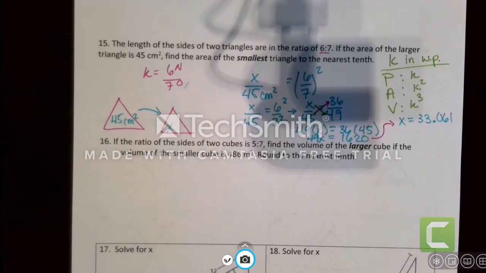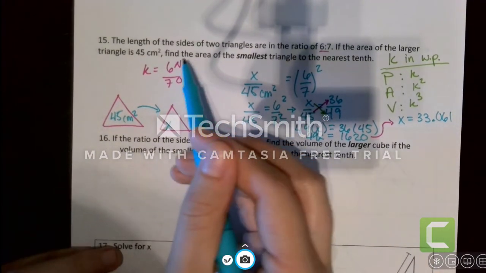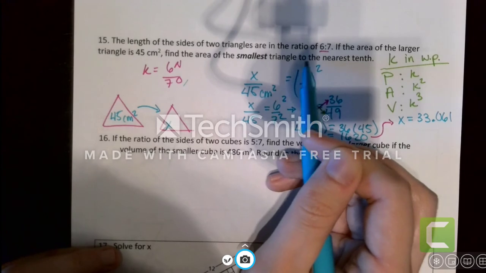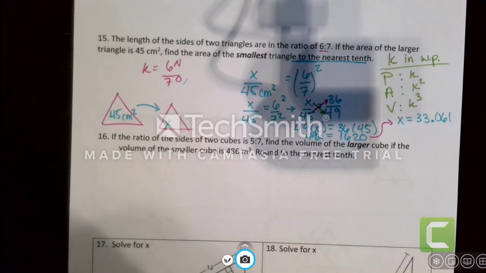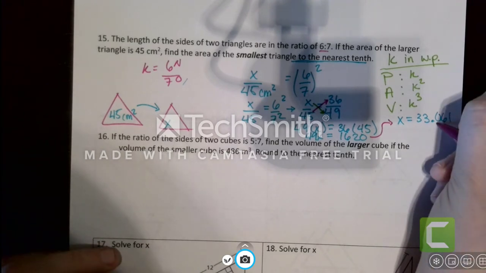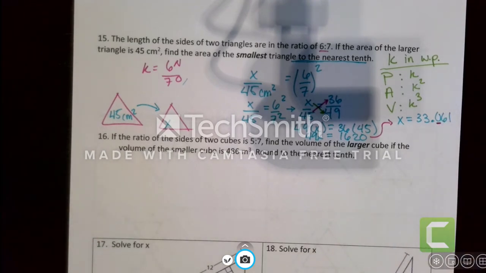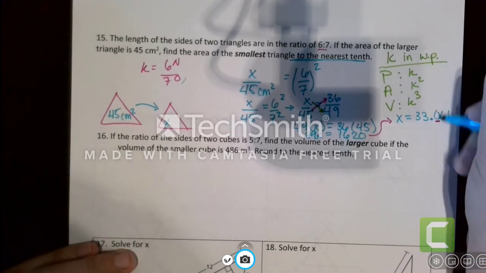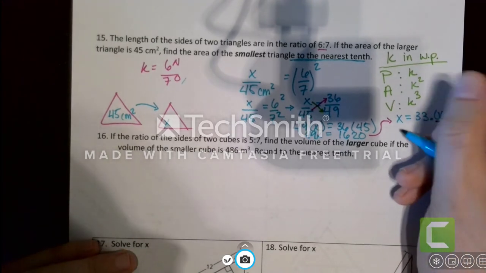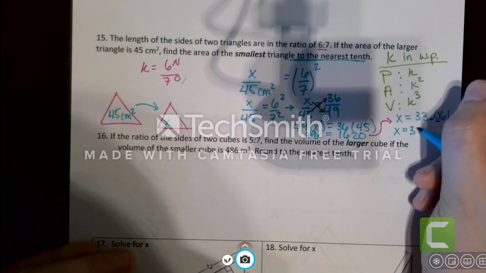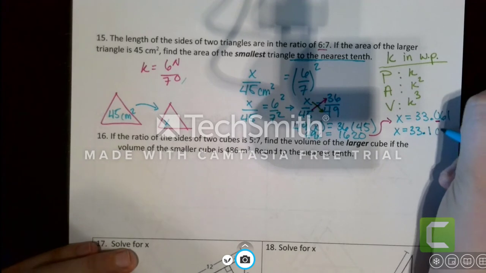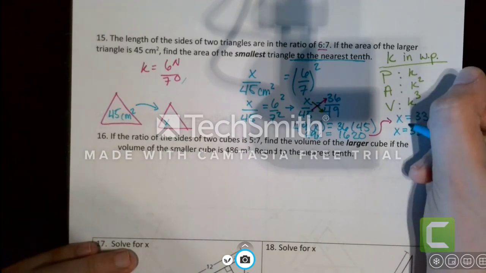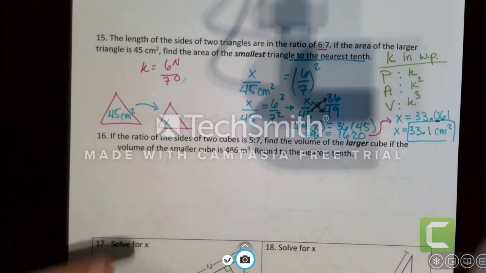In the instructions, they tell you that if you get a decimal, you have to round to the nearest tenth. The tenth spot is the first number to the right of your decimal. Since it's next to a 6, I can round this number to be x is equal to 33.1 centimeters squared. That would be my answer.